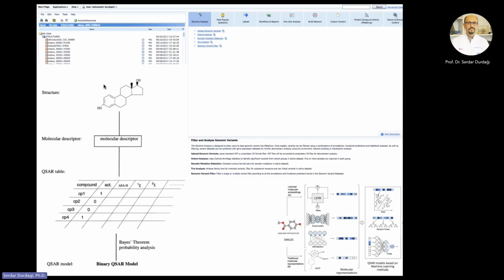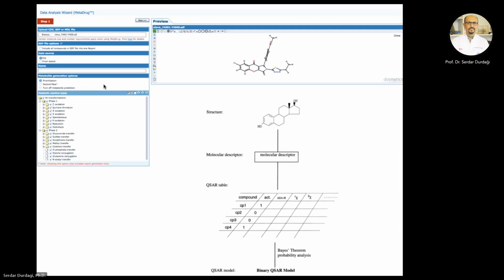Of course, when we get this, we need to use an extensive set of statistical methods to validate our models. I will show you what kind of statistical analysis methods we use to validate the models. It is quite simple to use, I can say.